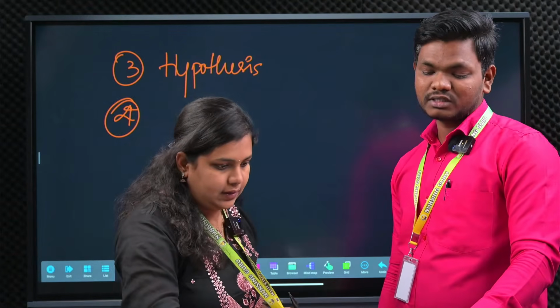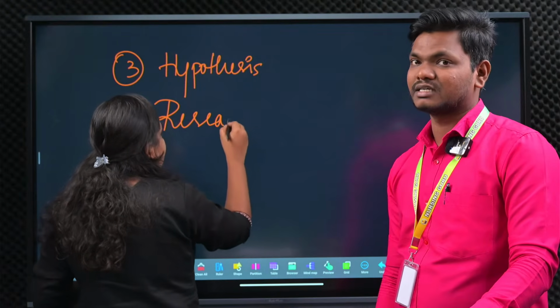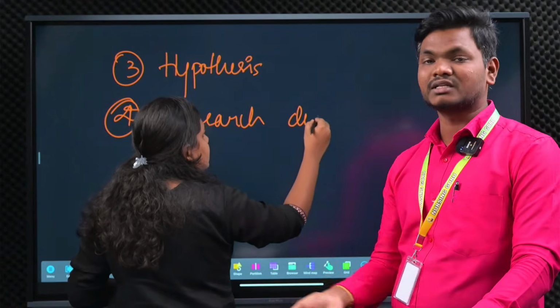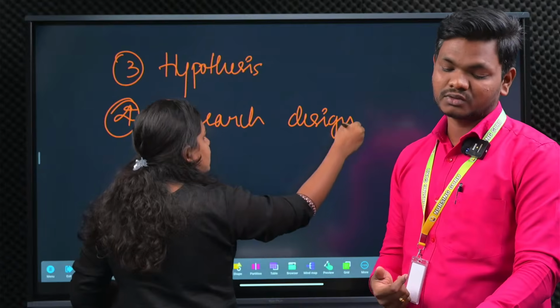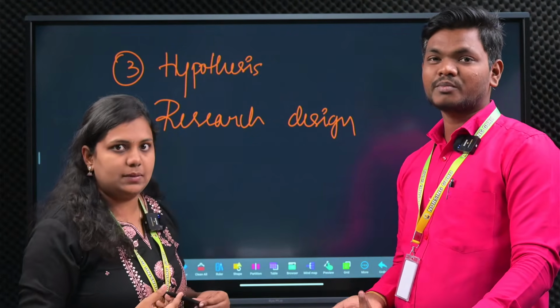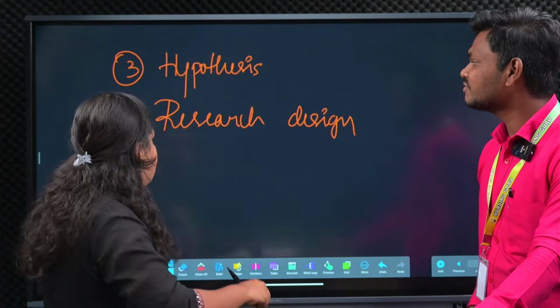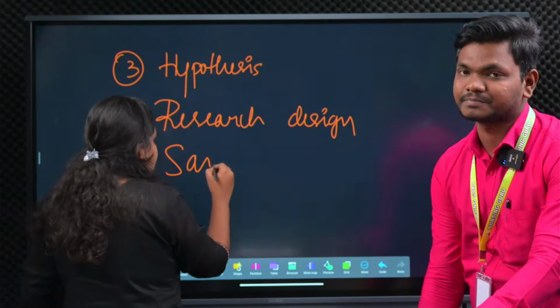The fourth step is the research design, whether the research will be carried out in a quantitative way or a qualitative way. Experimental, non-experimental, true experimental, so many topics are there. We are going to discuss them one by one. The fifth step is sampling.